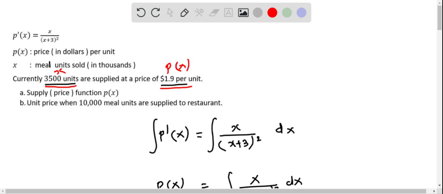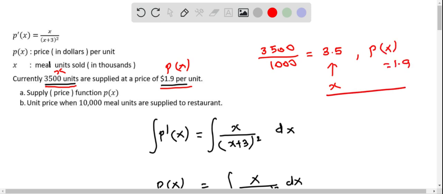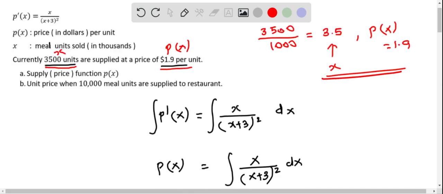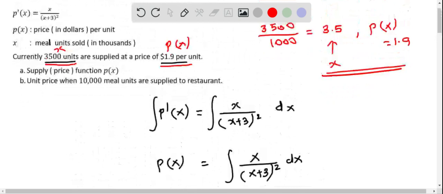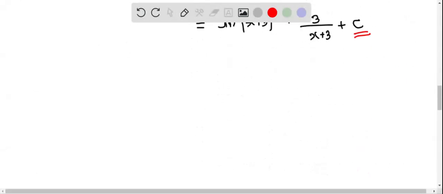We know that x is in thousands, so therefore 3,500 we can convert into thousands. We divide by 1000, so this will become 3.5. So this is the value of x, and P of x is equal to 1.9. So we plug this information into our P of x function, x equal to 3.5 and P of x equal to 1.9.